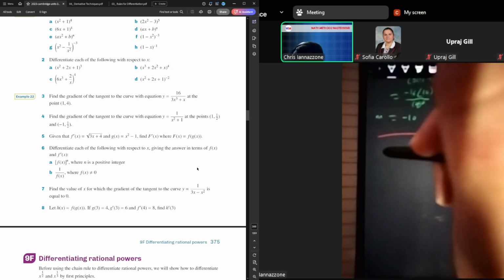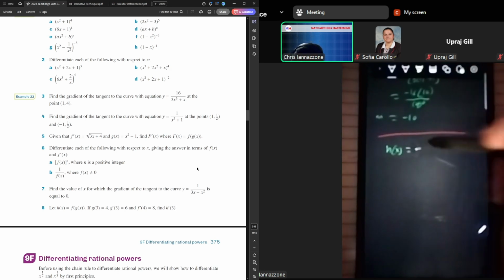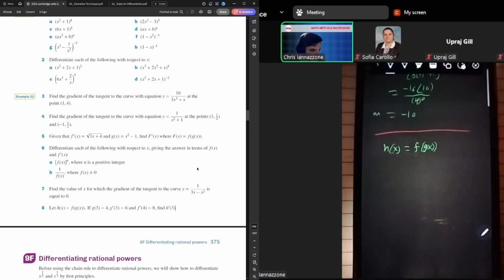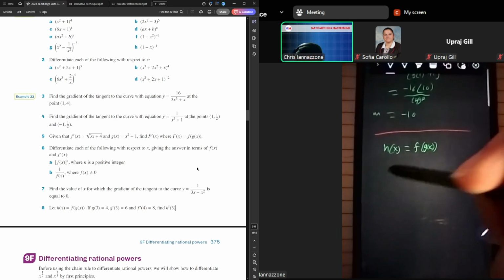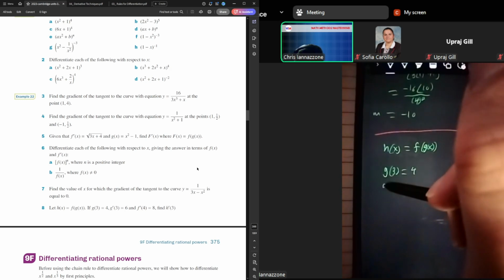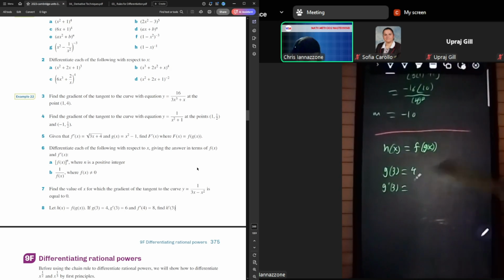So we've got some function h, which is a composite function f of g of x, and we're told a few key points. We're told g of 3 is equal to 4. We're told g dash of 3 is equal to 6.